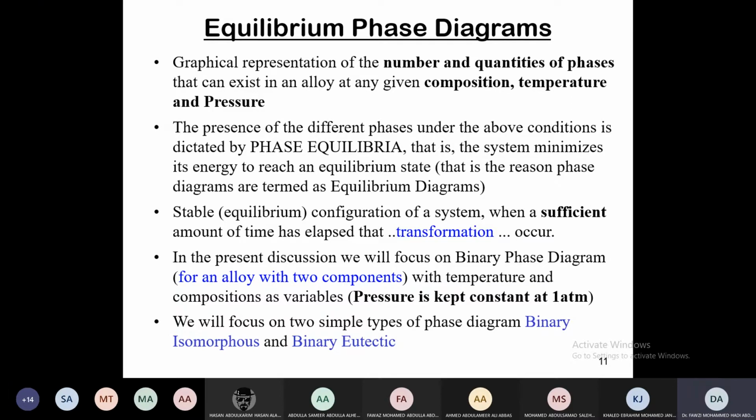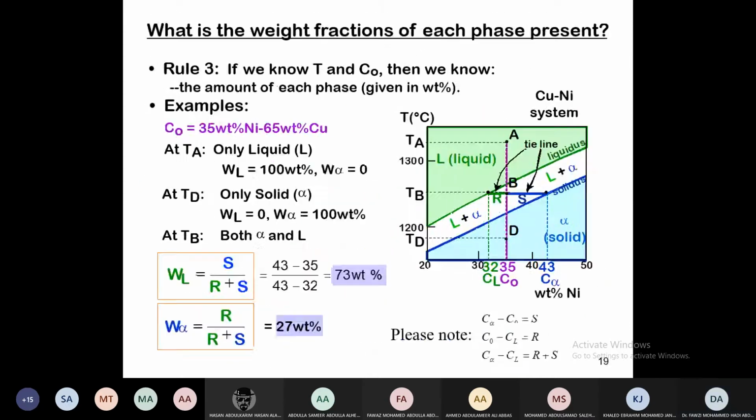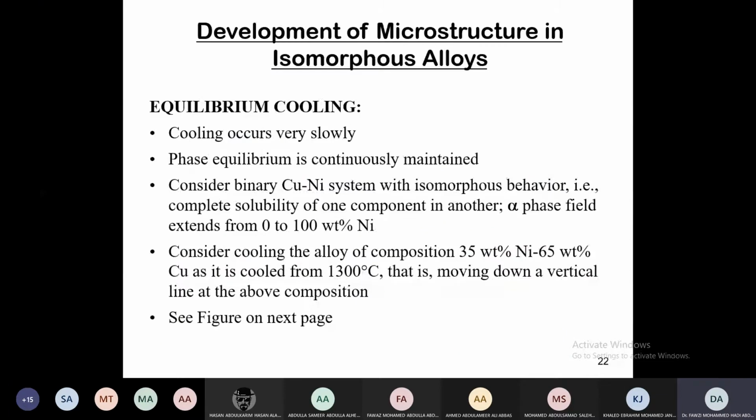It can predict for you the phases which you will be developing, provided you give it enough time for the transformation to complete, and give you the stable configuration. And this is the diagram.